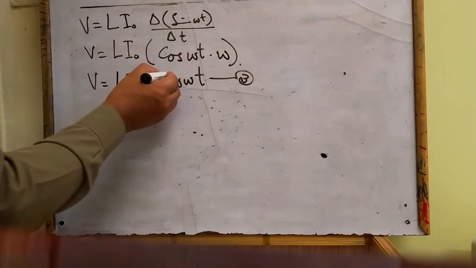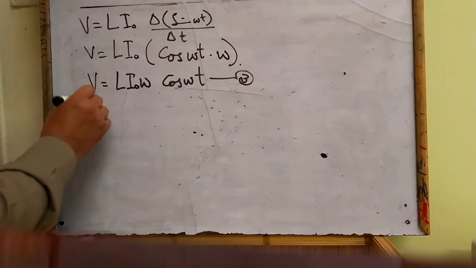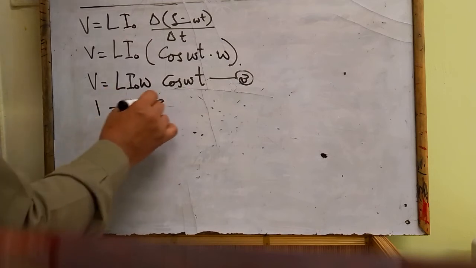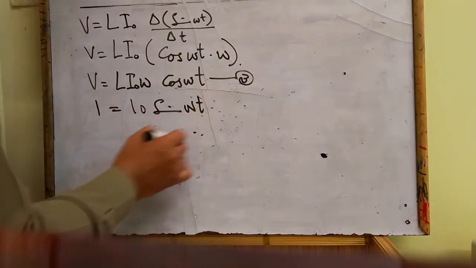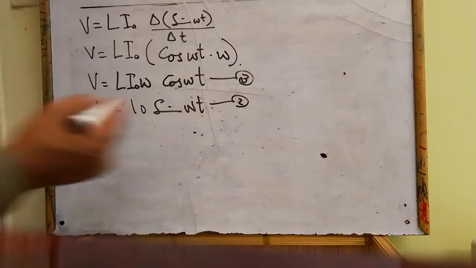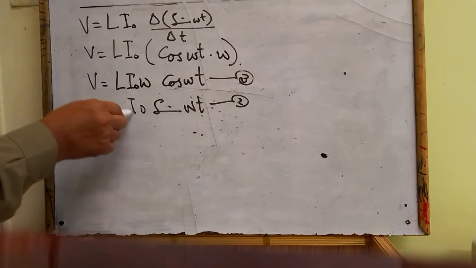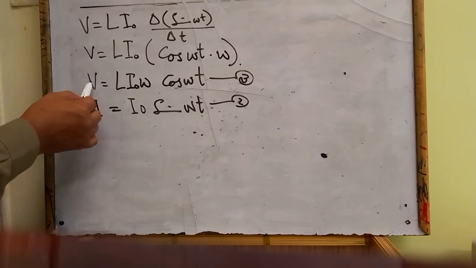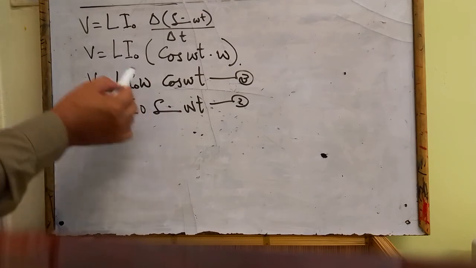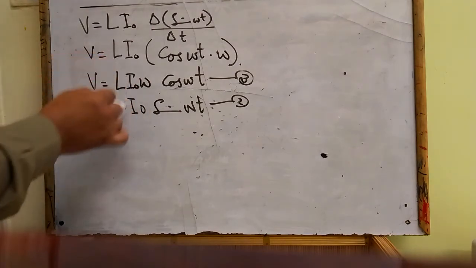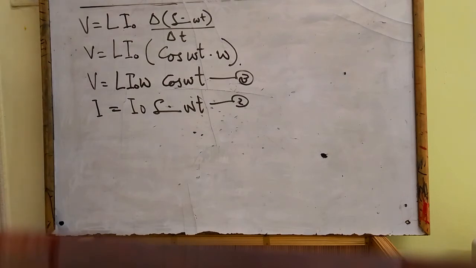Now, as we know that I is equal to I naught sine of omega t, previously written on the board. Now look at these two equations. V includes cos and I includes sine. Can we compare these two equations? Not at all. We can compare the equations only when we have the same trigonometric function.